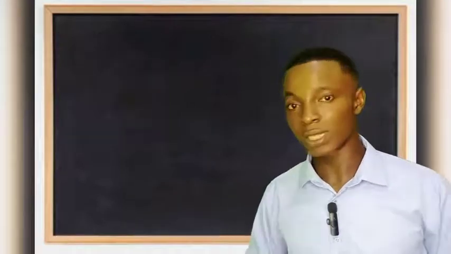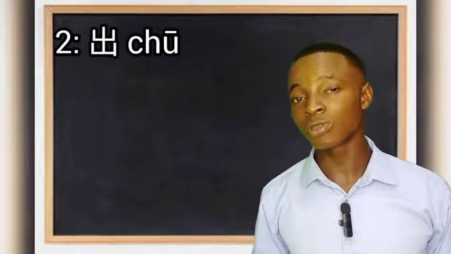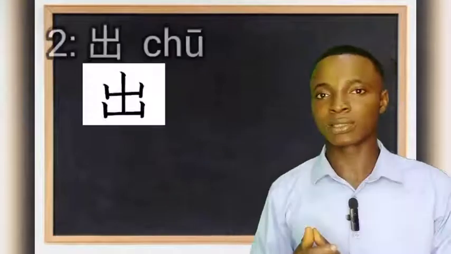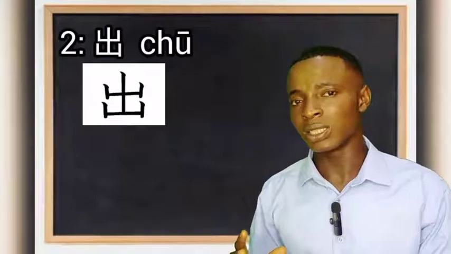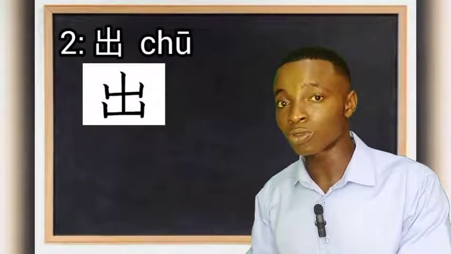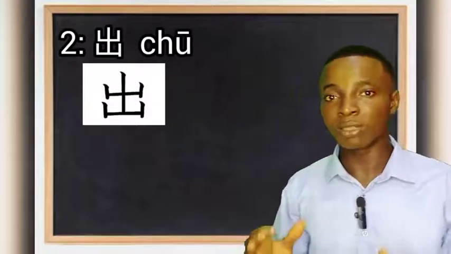Now, let's see the last character for today. The next character where we can also see shùzhé when writing is this one. This character is the English word for to go out or to come out. But mostly it doesn't stand alone.